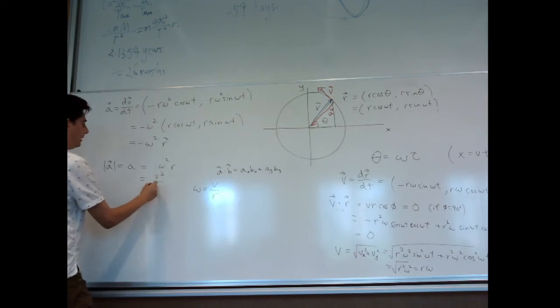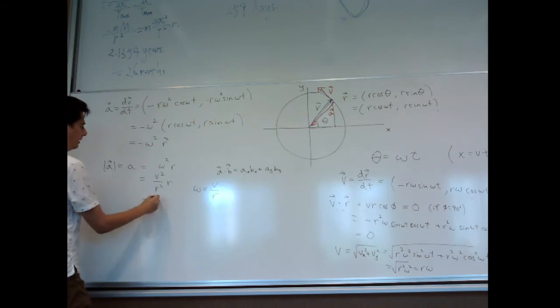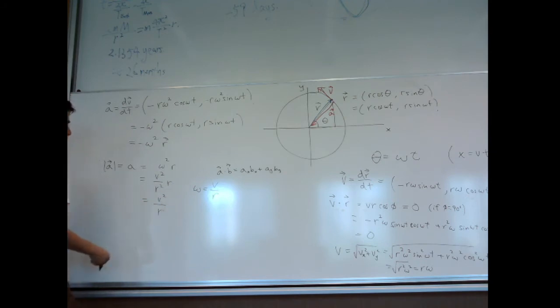And this is going to be V squared over R squared, just putting in the omega times R, and so this is V squared over R. So we can relate the acceleration to the velocity in this way.